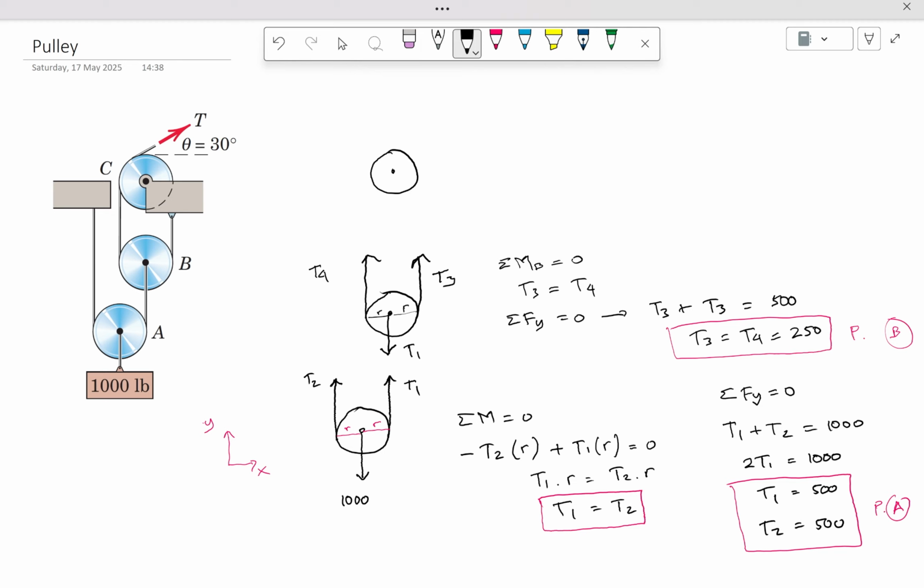All right. At pulley C, since this is like a pin joint, you will have CX and CY.